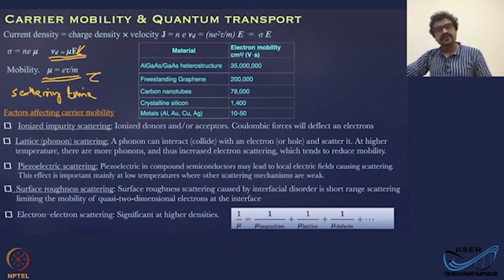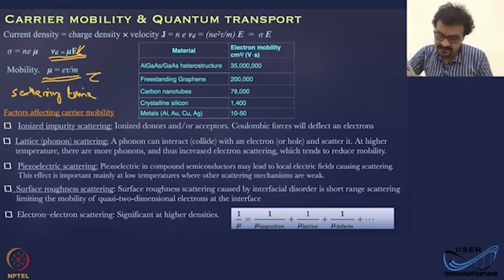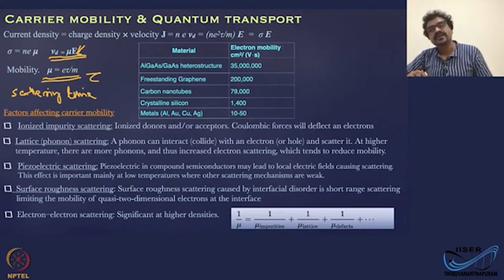Okay. And this table here summarizes the best mobility values that have been observed for various systems. The two-dimensional electron gas system, aluminum gallium arsenide heterostructures, are the best so far, and they have close to a few tens of millions.